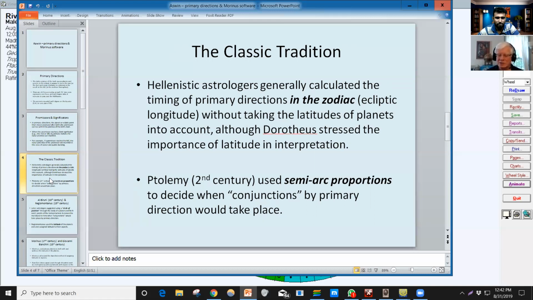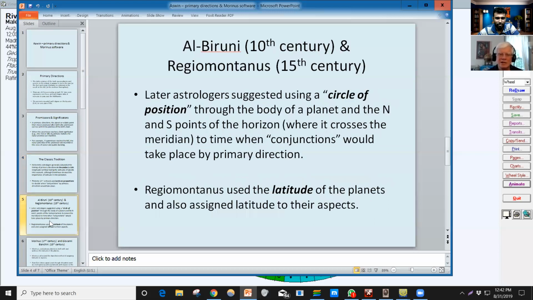The math is a little complex, so that's why people started doing it the other way. Al-Biruni and Regiomontanus came up with a different method than Ptolemy's proportional method. They used what they called circles of position.